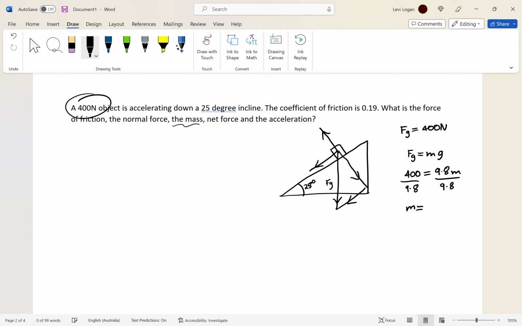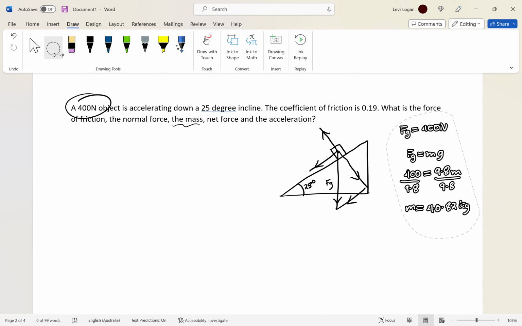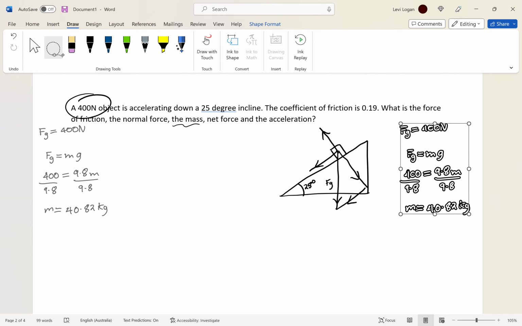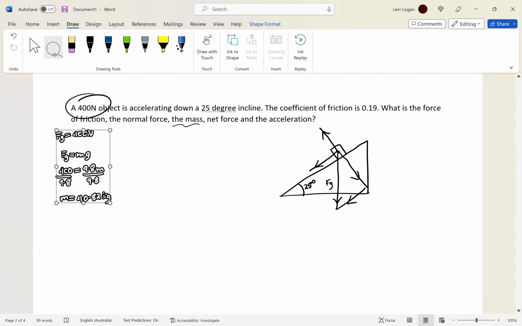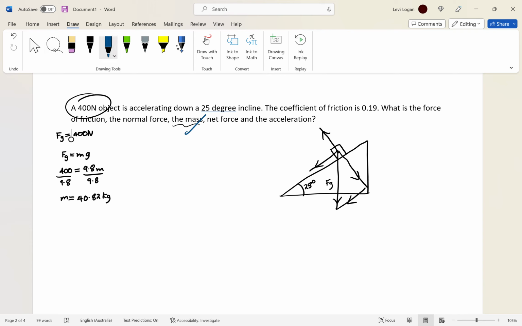So putting that into our calculator, we get 400 divided by 9.8, which is approximately 40.82 kilograms. Okay, this is SI units. So I'm just going to move all this over here now. Make that a bit smaller. Alright, so we found the mass already, so that's ticked off.